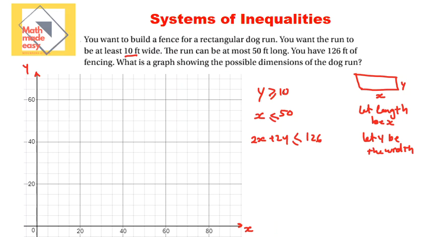Now, let's graph the first inequality. We have y greater than or equal to 10. When we represent this by a line, we know that this is a horizontal line. When I want to represent that line, it means that no matter what, the value of y is 10, regardless of what the value of x is. So let's graph the line and see which region above it or under it will be shaded.